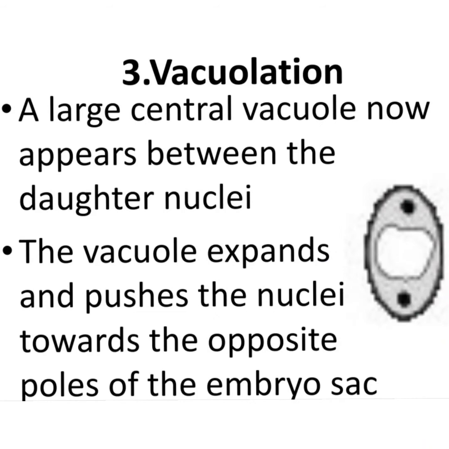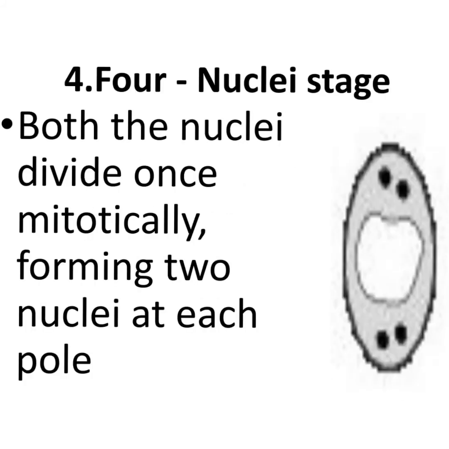Third stage, vacuolation. A central large vacuole appears between the nuclei, and the vacuole slowly expands and pushes the nuclei to the opposite poles of the embryo sac. Now, the fourth stage is the 4 nuclei stage, where both the nuclei divide mitotically and there is a central vacuole.